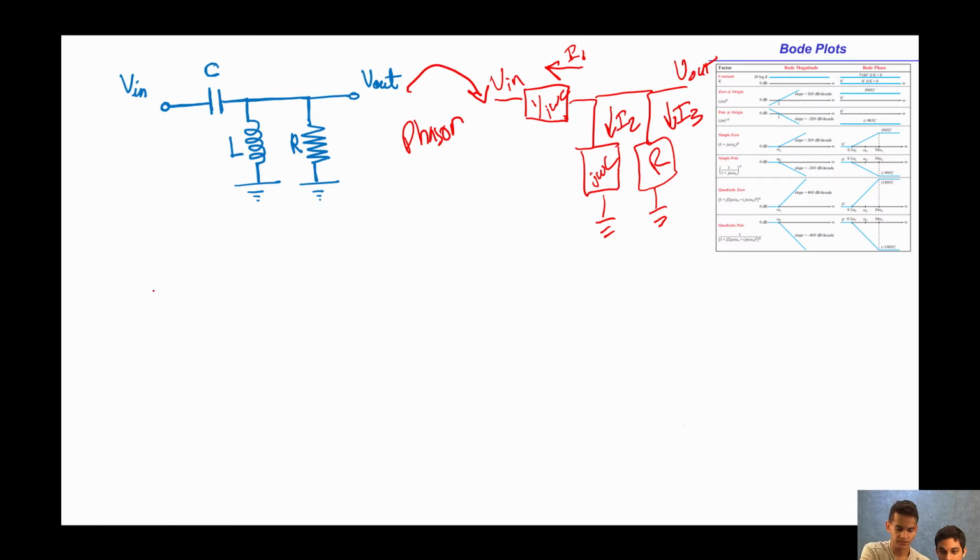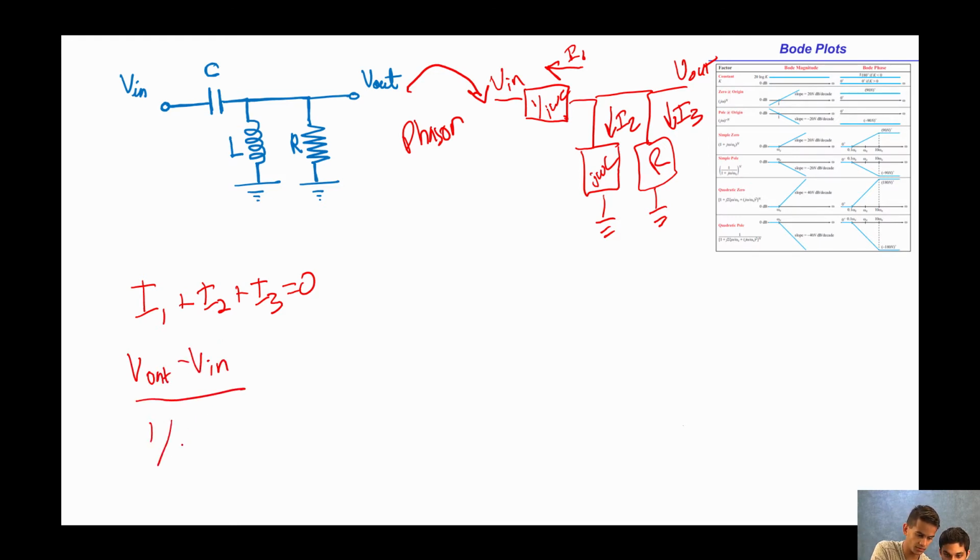Great. So now that we have that, we note that they're all coming out of the same node because they're all connected by wires. And we can say that I1 plus I2 plus I3 equals 0. And then we know that I1 is just V out minus V in over 1 over j omega C. This is just the impedance of this first element.